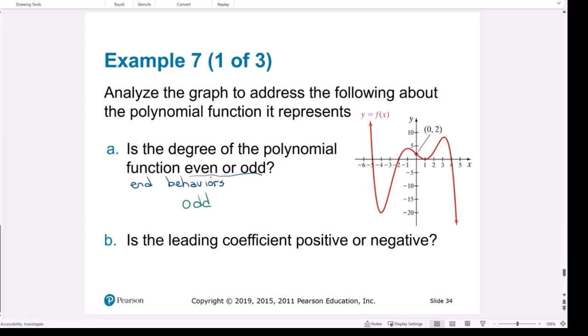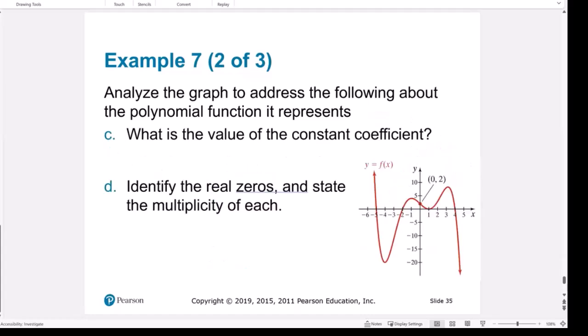If it was even, they would be going in the same direction. Is the leading coefficient positive or negative? Well, if it was positive, it should be going up on the right, but since it's going down on the right, we know it's got to be negative.